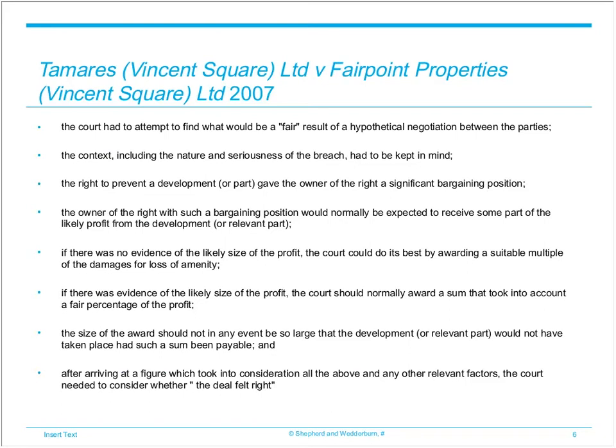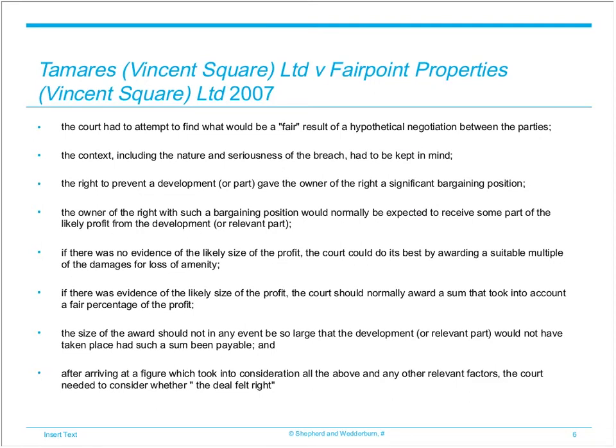1. The court had to attempt to find what would be a fair result of a hypothetical negotiation between the parties. 2. The context, including the nature and seriousness of the breach, had to be kept in mind. 3. The right to prevent a development gave the owner of the right a significant bargaining position. 4.